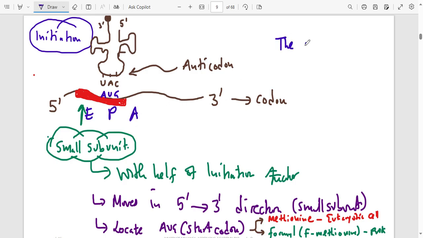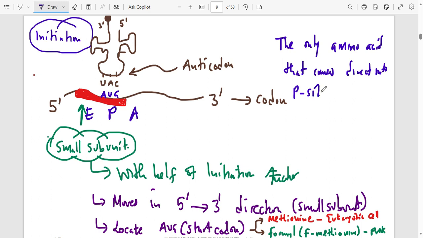The only amino acid that comes direct into the P site is coded by AUG, which is a start codon.